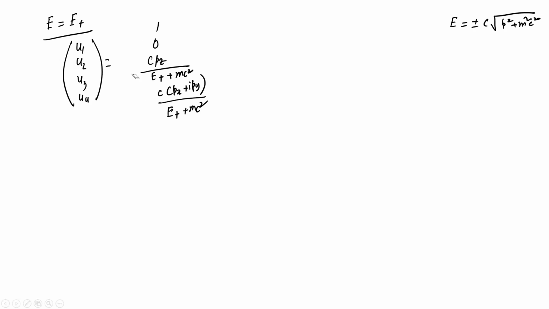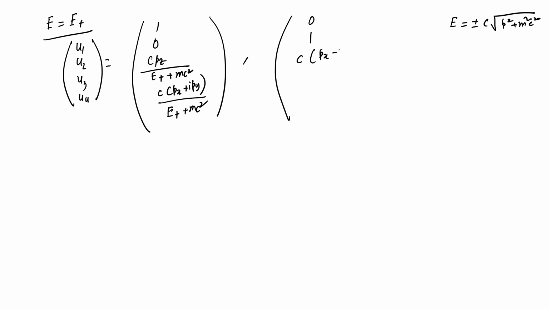Let me write this neatly. It is a 4 by 4 problem: 2 eigenvalues are E plus and 2 eigenvalues are E minus. The other solution is 0, 1, c (p_x minus i p_y) divided by (E plus m c square), and minus c p_z divided by (E plus m c square).